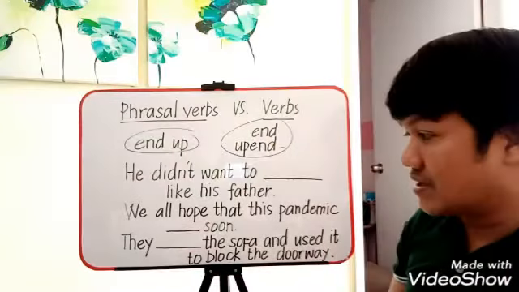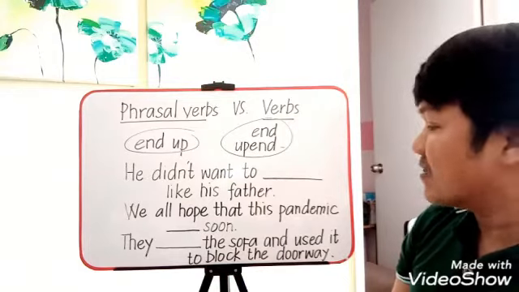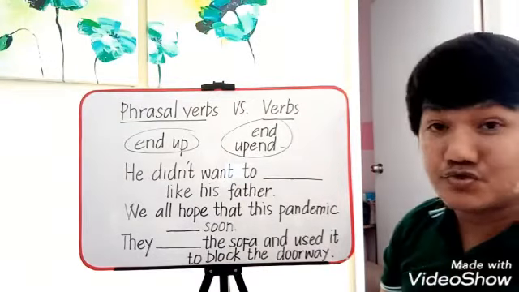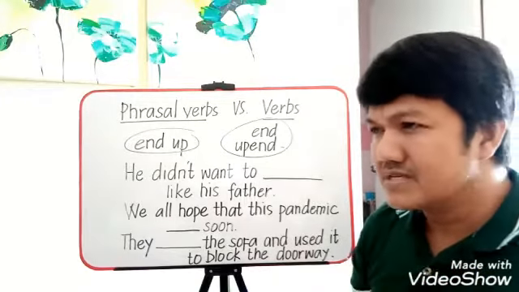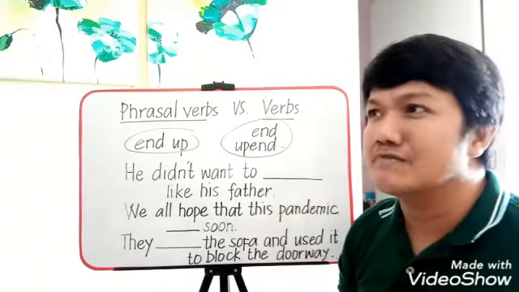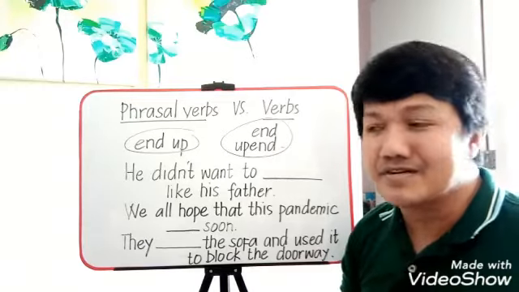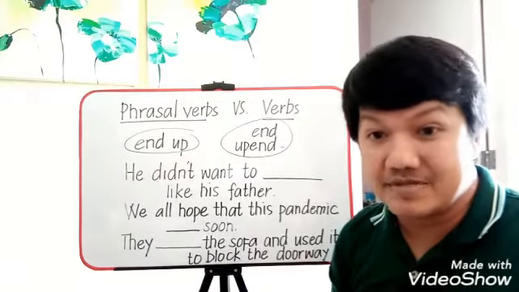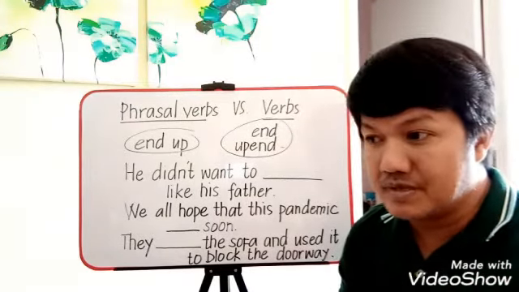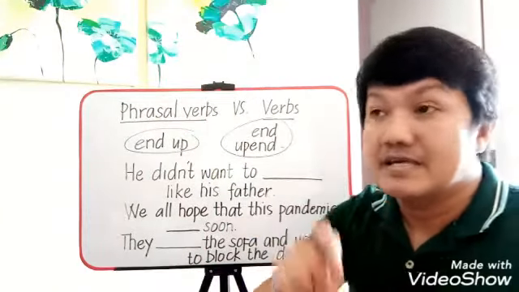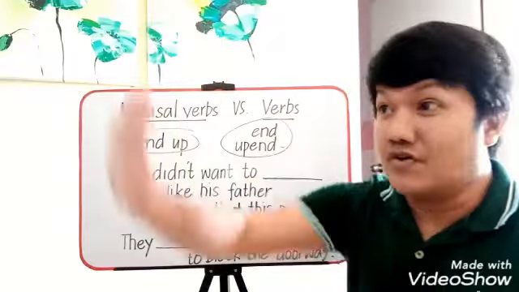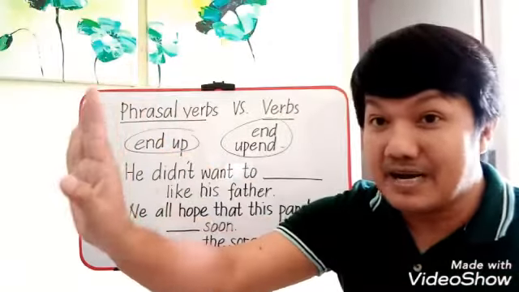Now, in the third one, they upended the sofa and used it to block the doorway. Ito yung mahirap sa Tagalog nga, medyo hindi ko ma-imagine kung anong Tagalog nito eh. But when you say upend something, it's like you position a certain thing vertically. Okay, itayo mo yung isang bagay.